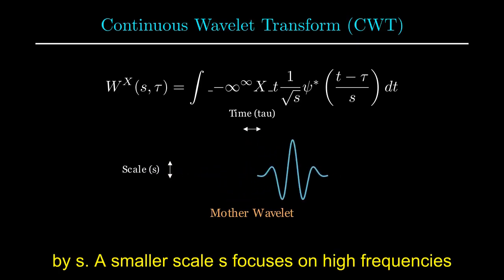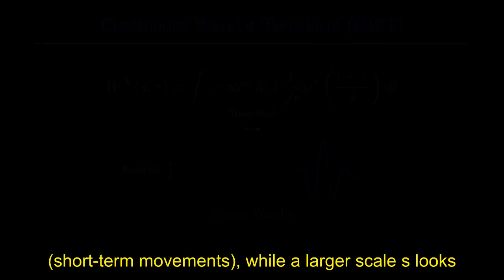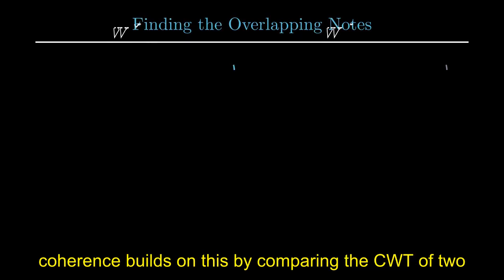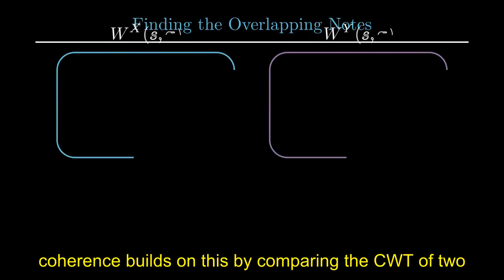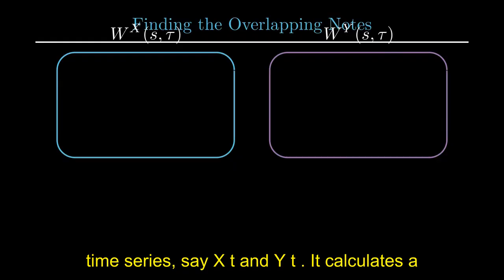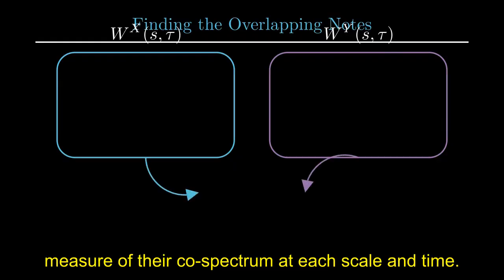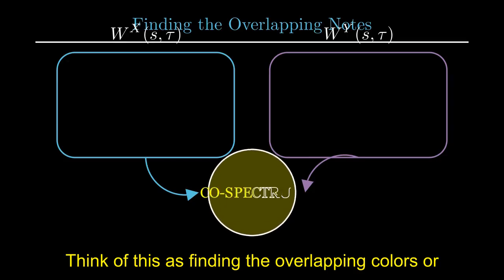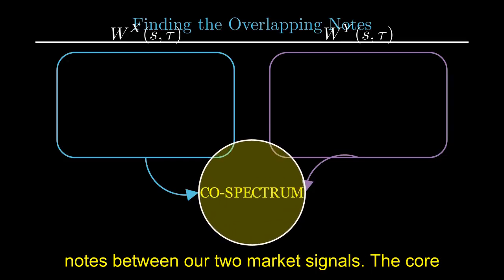A smaller scale s focuses on high frequencies, short-term movements, while a larger scale s looks at low frequencies, long-term trends. Wavelet coherence builds on this by comparing the CWT of two time series, say x(t) and y(t). It calculates a measure of their co-spectrum at each scale and time. Think of this as finding the overlapping colors or notes between our two market signals.